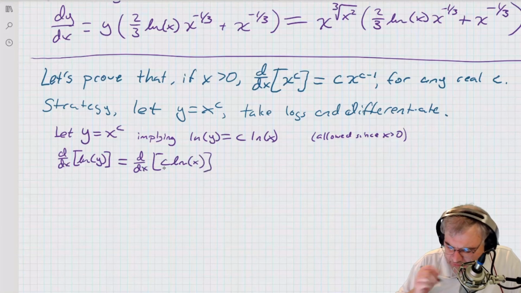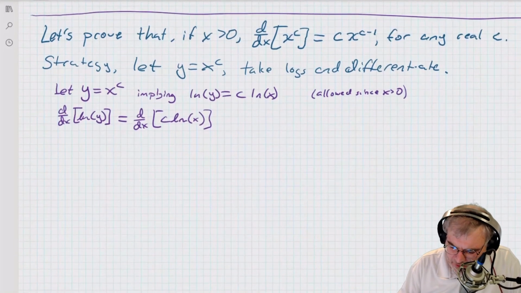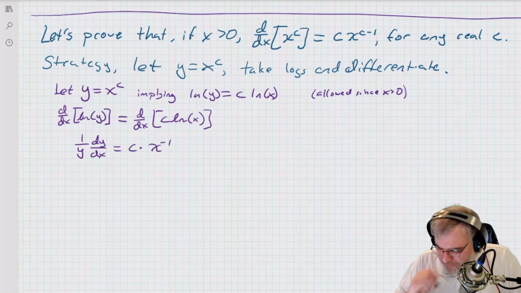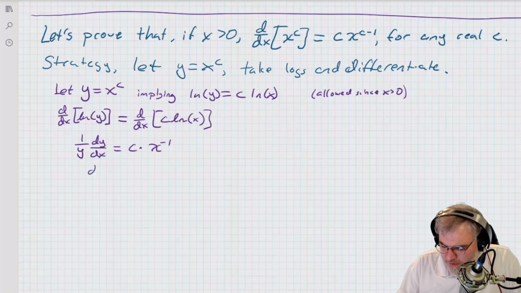And notice here c is a constant, so I could just use the constant multiple rule. So I'm going to wind up with 1 over y dy over dx equals c times x to the negative 1. Okay, I'm going to move the y over, and I get dy over dx equals y times c.